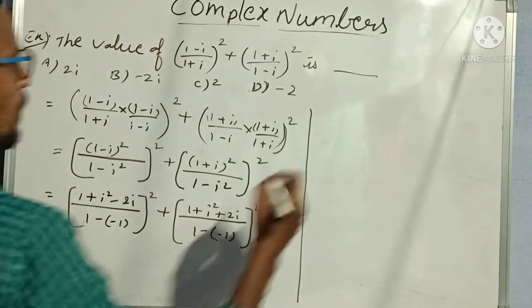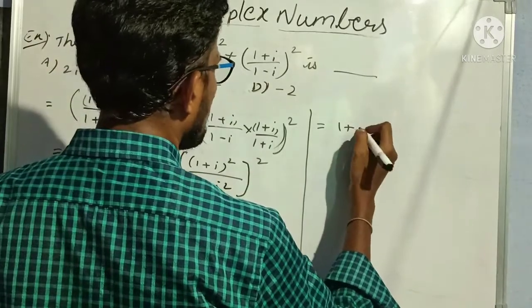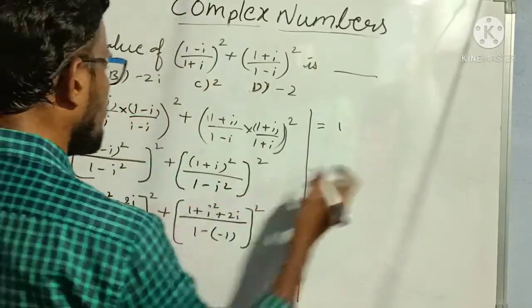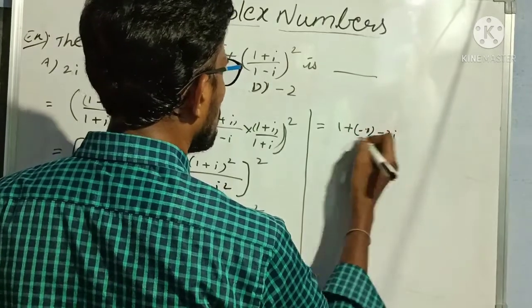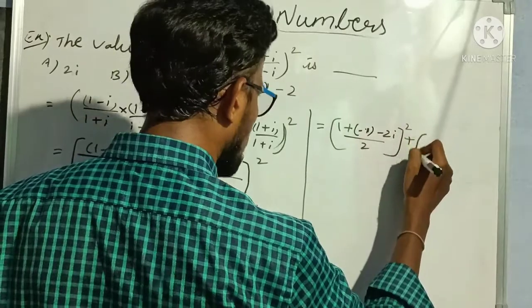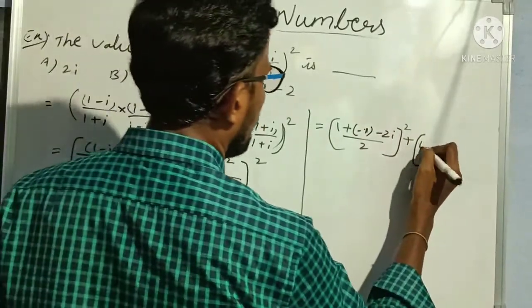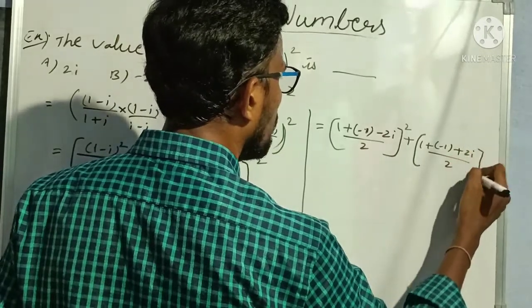Okay, so here I am continuing, is equal to, so 1 plus, in place of i square again here also I am substituting, 1 plus minus 1 minus 2i by 2 whole square plus of, again 1 plus minus 1 plus 2i by 2 whole square.